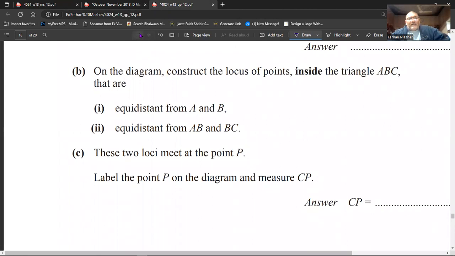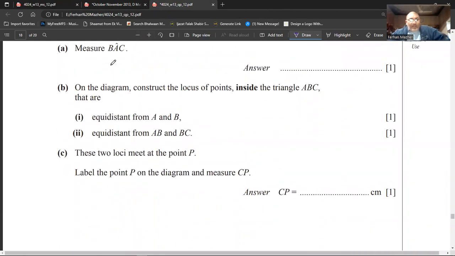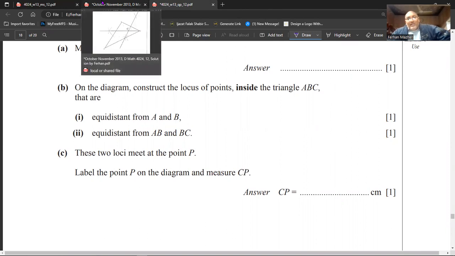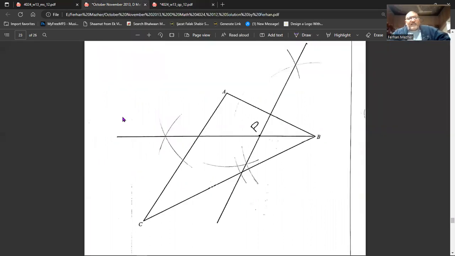Now the B part, he says, on the diagram, construct the locus of the points inside the triangle ABC that are equidistant from A and B. If you remain equidistant from 2 points, you join those 2 points and you draw the perpendicular bisector of that line. So for A and B, here I will put my compass and open it. I will put an arc on one side and an arc on this side.